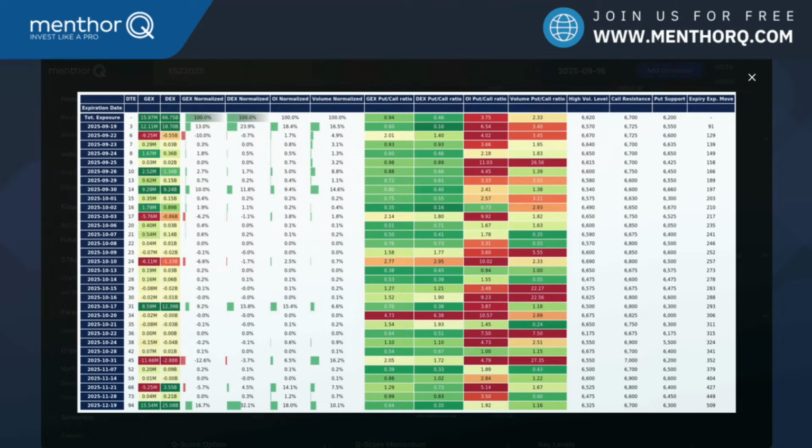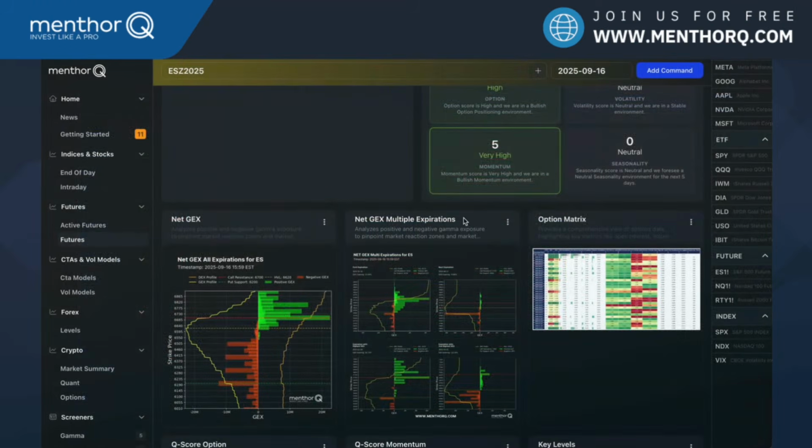Very, very important. So we want to see if we are overall in a positive or negative gamma. So for the 22nd, we have some negative gamma positioning. 10% of negative gamma expires on the 22nd, and for the 19th, we have about 13% of gamma expiring there. So very, very key.